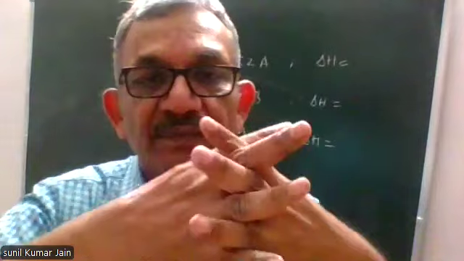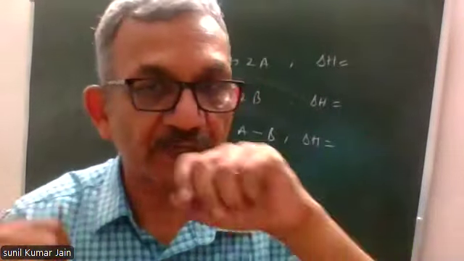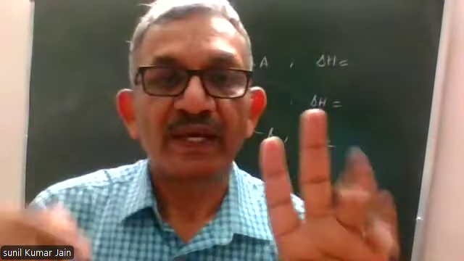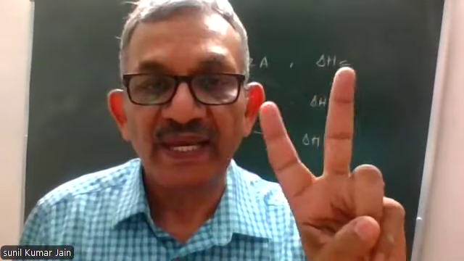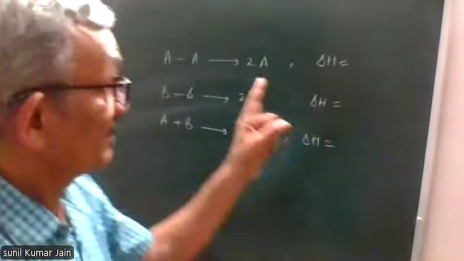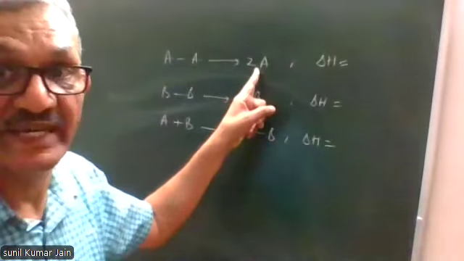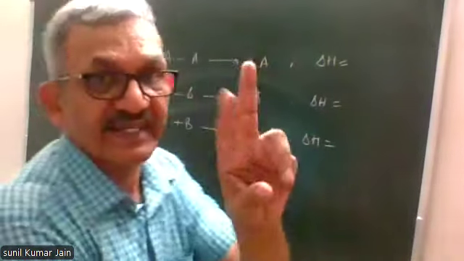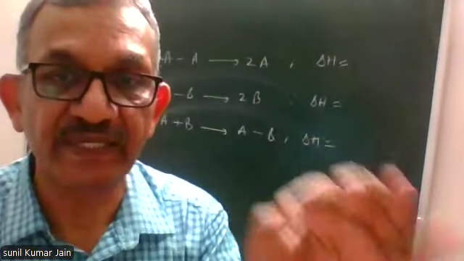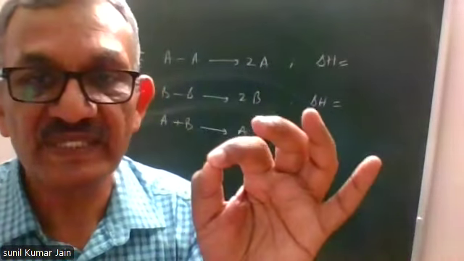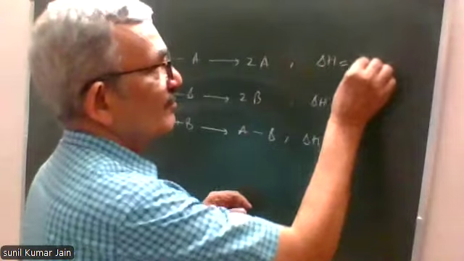When I mix A and B, as I told you probably two times earlier also, B will come in between A and A. That is, AA attraction will be broken. To break this attraction, two A's are separated, and let us say 10 joules of energy has to be supplied. It is an endothermic process, so delta H will be positive.